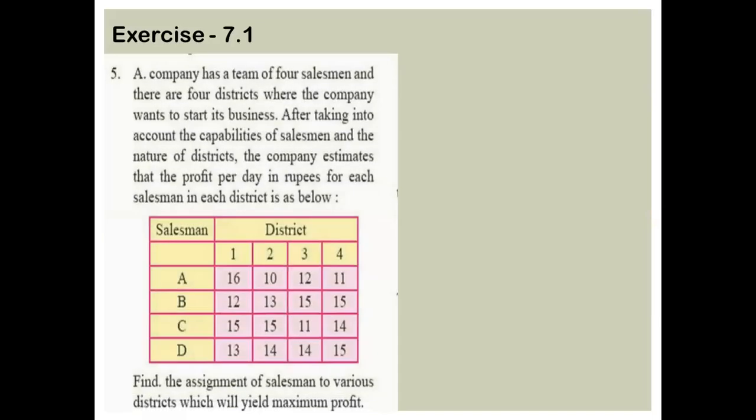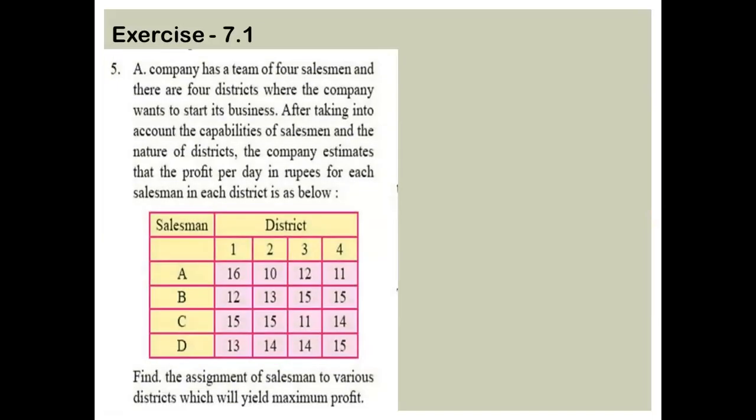Pay attention to the next problem as well. This sum is from your exercise 7.1. Sum number 5. Giving you all 2 minutes to read the question. So I hope you all have read the question. So class, do the basic check first.